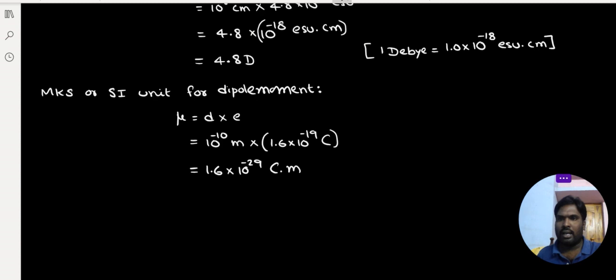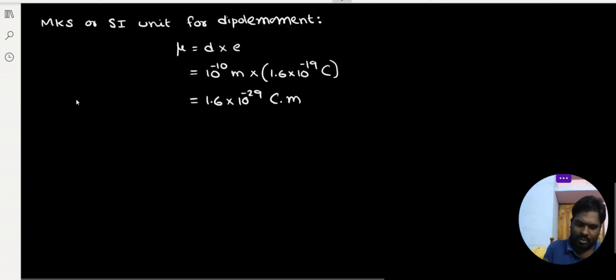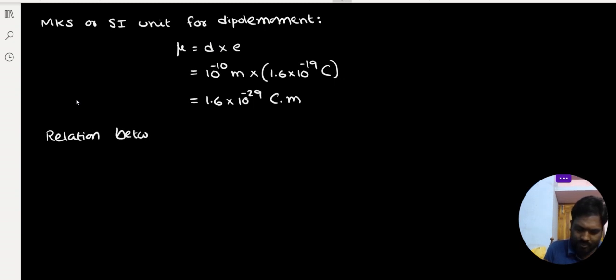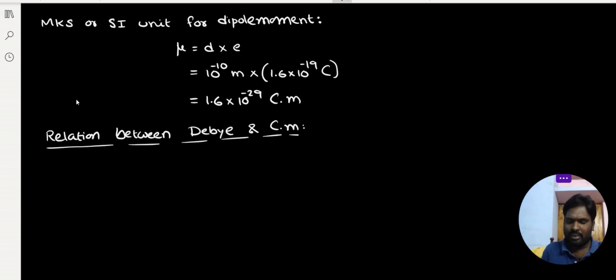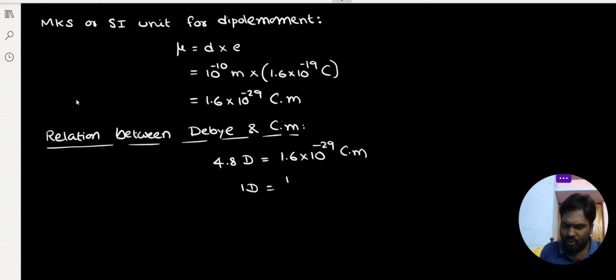Now, the relation between debye and coulomb meter. 4.8 debye equals 1.6 into 10 to the power of minus 29 coulomb meter. So 1 debye equals 1.6 by 4.8 into 10 to the power of minus 29 coulomb meter.